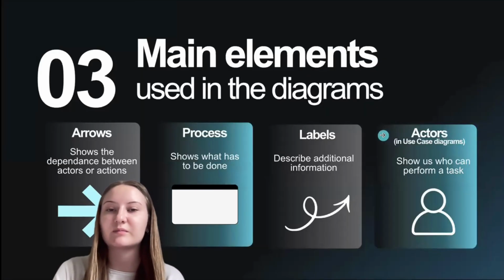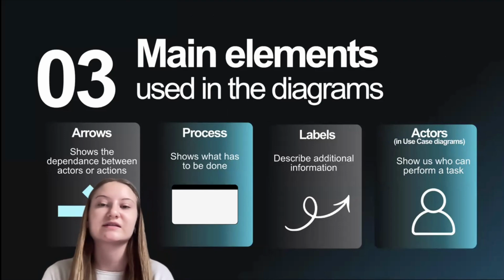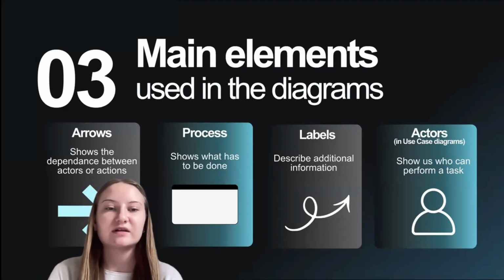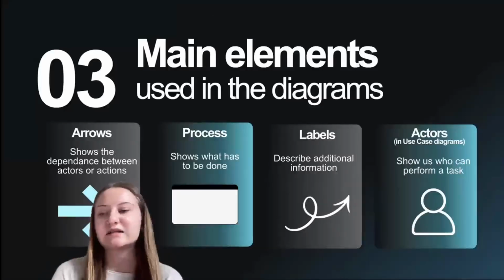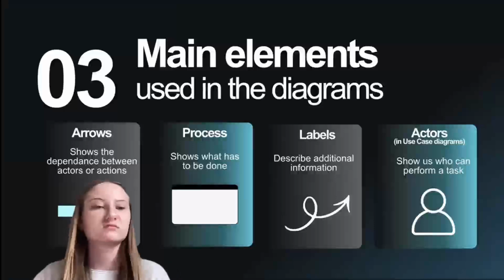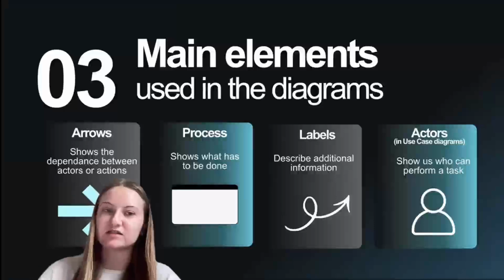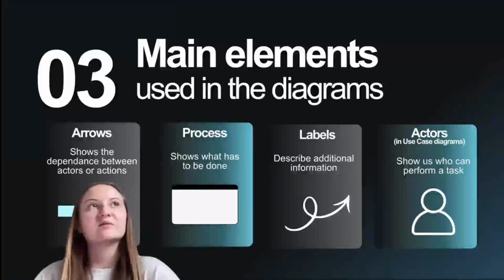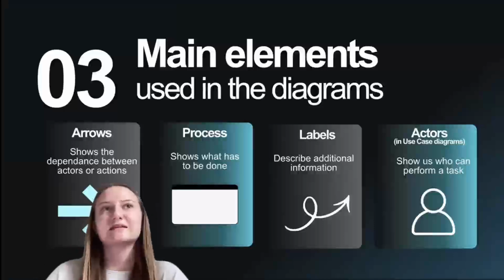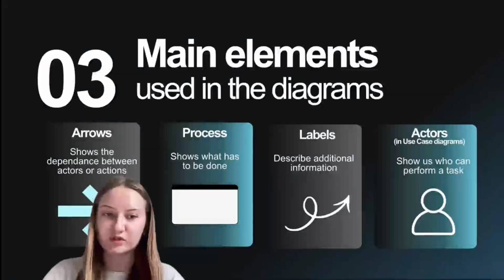So, what are the main elements used in these diagrams? The first one is, of course, arrows. They show us the dependence between actors or actions, or the dependence between actions and the next actions. Arrows allow us to see the structure and sequence of our project.